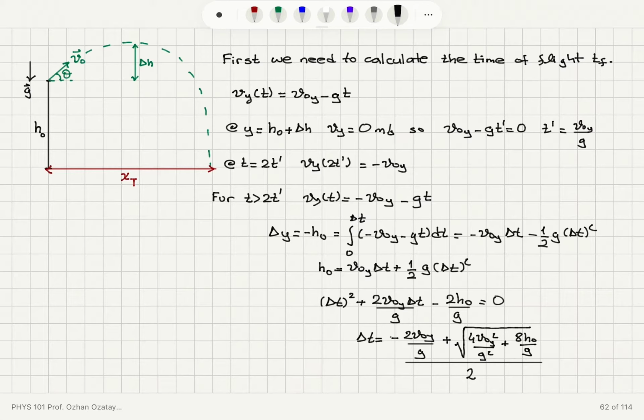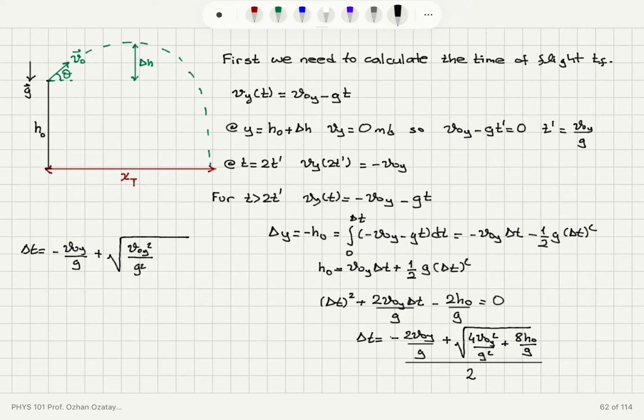You can see that delta t becomes, from this calculation, minus v0y over g plus the square root of, 1 over 2 will come as 1 over 4 into the square root, so it will become v0y squared over g squared, and 8 will become 2 because I have 1 over 4 coming from 1 over 2.